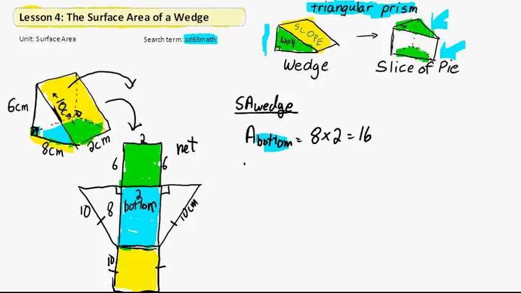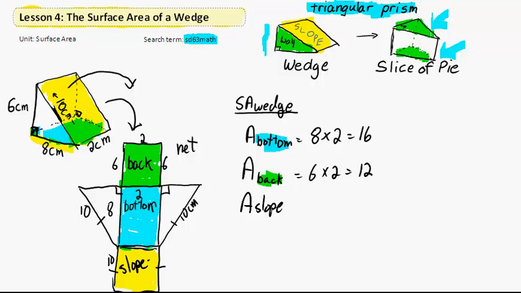We also need the area of, we'll call it the back, and the area of the back is equal to 6 centimeters by 2, or 12. The area of the slope is given by 10 centimeters by 2.